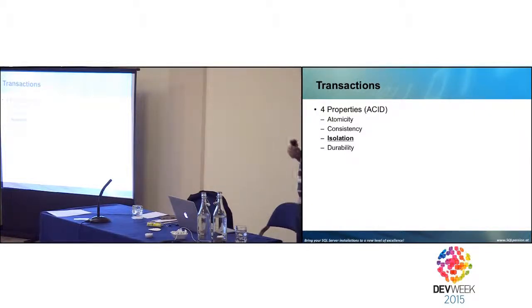When we talk about isolation levels, we always talk about the isolation property, meaning with the transaction isolation level we are able to influence how much isolation we want to have between concurrent queries in SQL Server.